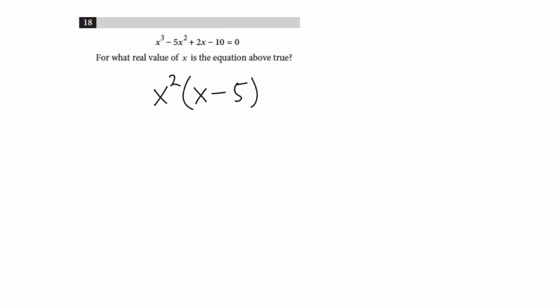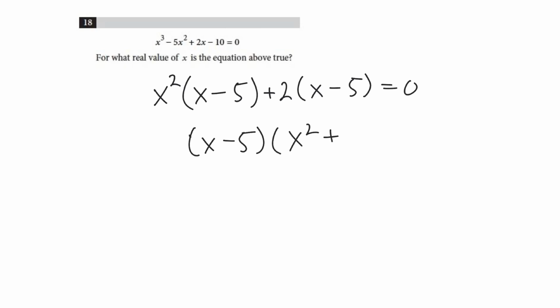And gee, well, I see if I factor out a positive 2 out of the second terms, I'll be left with x minus 5. Okay, now I can factor out that x minus 5 out of both those terms, and I'll get x minus 5 times x squared plus 2 equals 0.